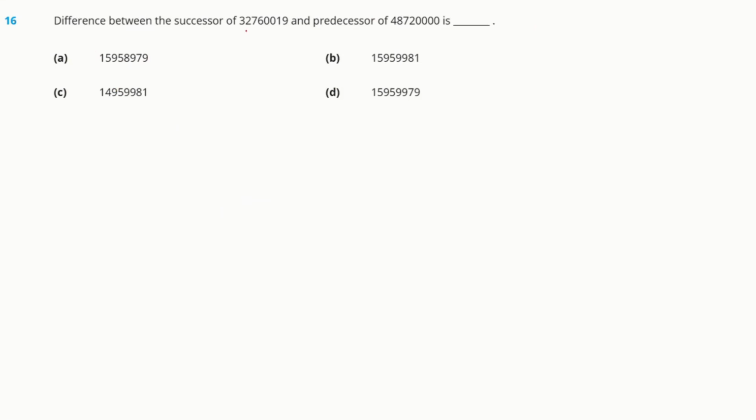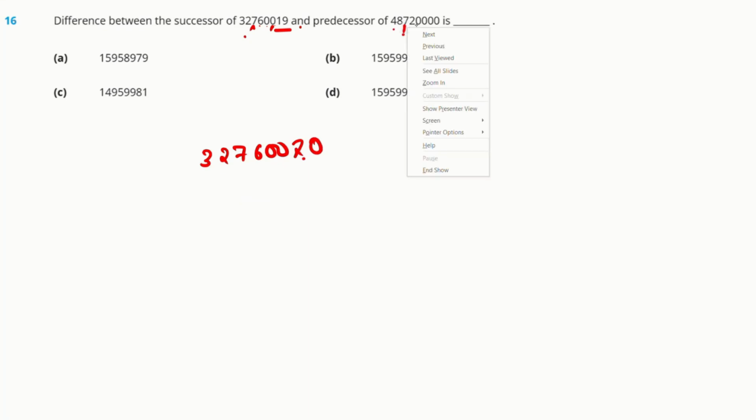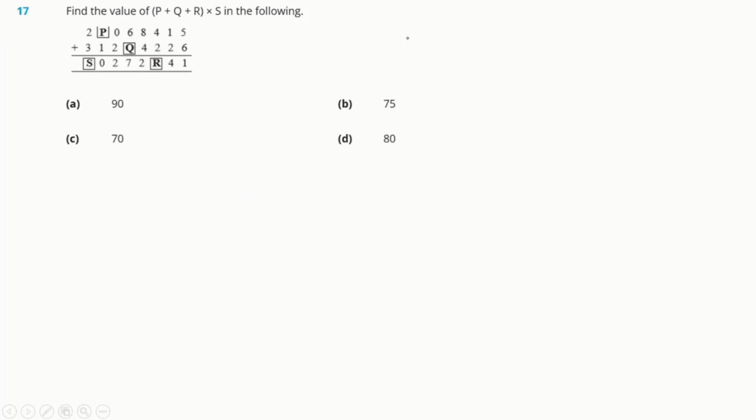Difference between the successor of 32,760,019 and the predecessor of 48,720,000. So obviously 19, successor to that is 20. What's the predecessor to 48,720,000?